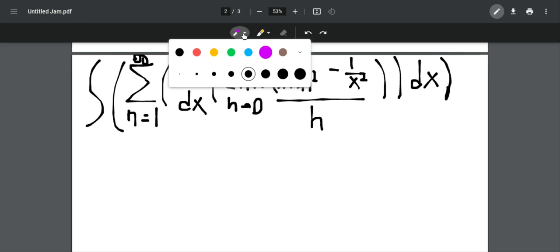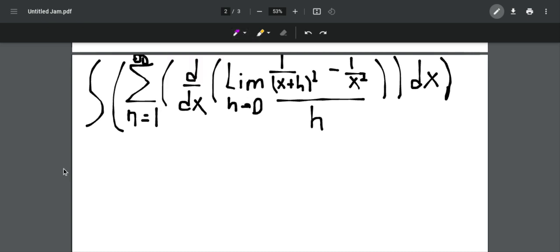Okay, so first of all, I'm going to evaluate the limit because this is the innermost part. So I'm going to label it as part 1. I'm going to make the common denominator immediately and simplify it so it does not occupy much space, because we have longer parts to this question.